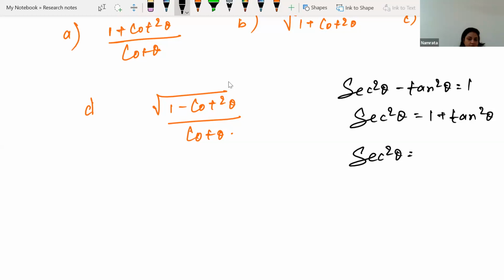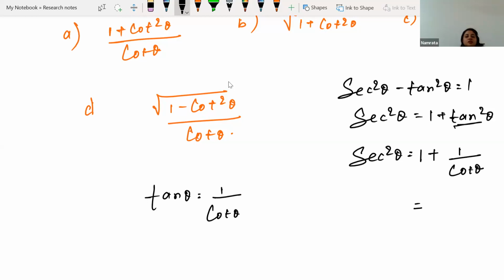Yeah, we can. What to write over there? Tan theta is equals to sine by cos. Tan theta is equals to 1 by cot. Can we write that? Yes. So let's write it as 1 by cot.